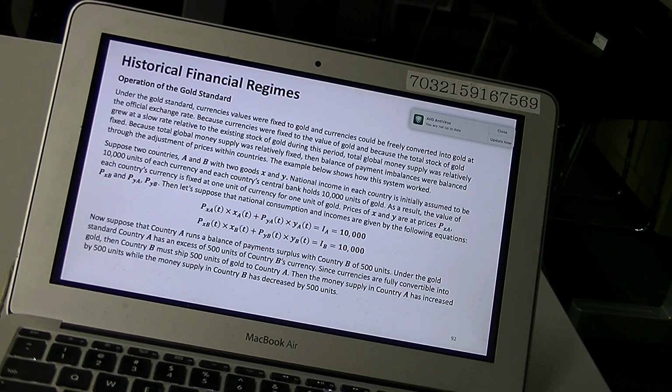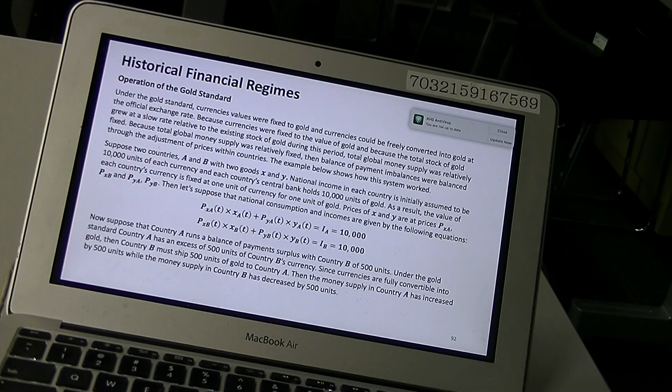So here's how this system worked. Let's say we have two countries, A and B, and two goods, X and Y. And let's just suppose national income is 10,000 units of each currency, and each country's central bank holds 10,000 units of gold. So think about that.